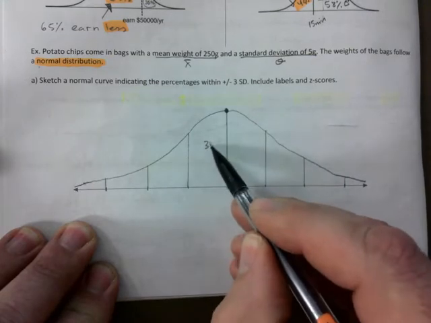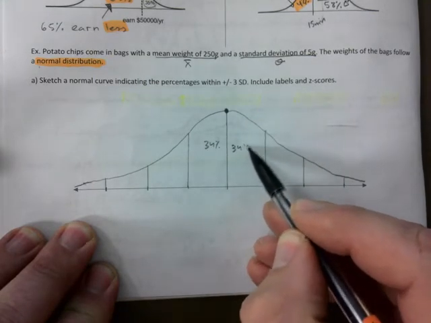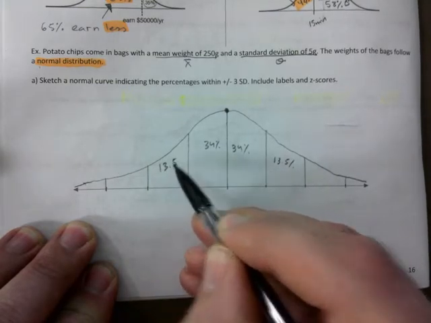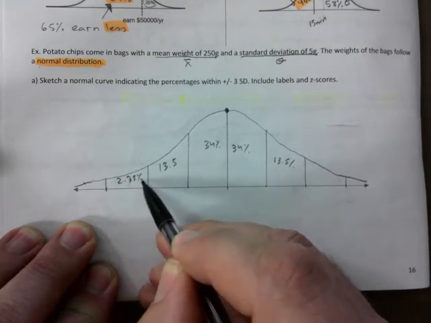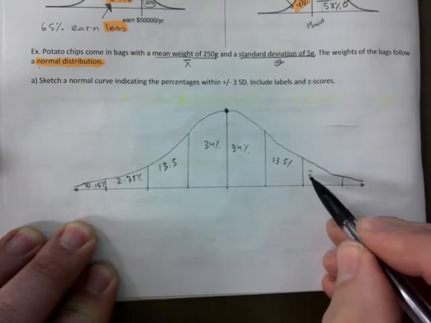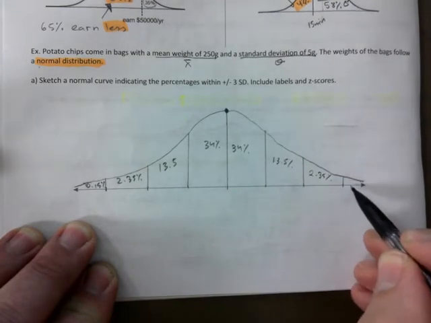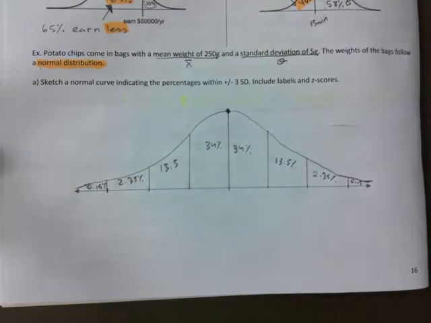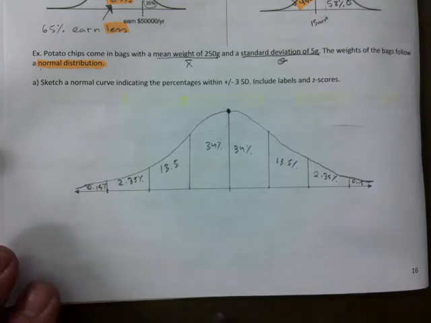Okay, so 34, 34. I'm also making you use these values over and over so that you know how that works.